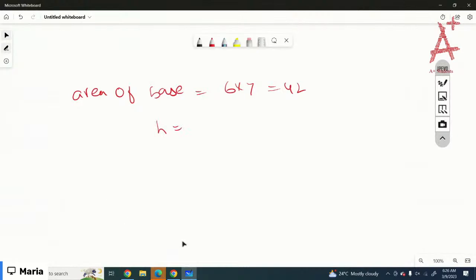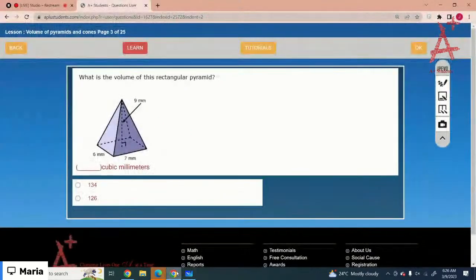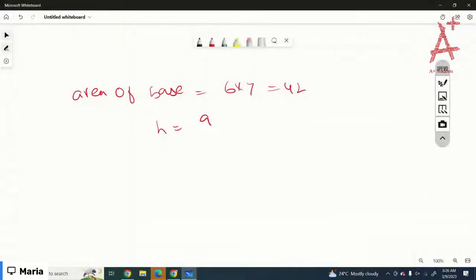And the height of the pyramid is 9. So that means the volume is 1 by 3 times area of base times height. It would be 1 by 3 times 42 times 9.